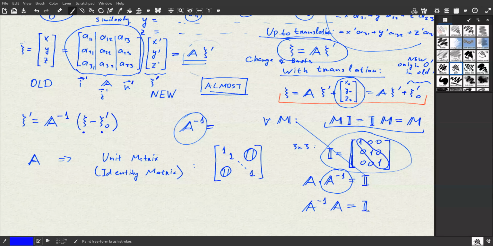A to the power minus 1 times A equals I as well. So again, you have commutative multiplication. By the way, how do we prove this? Suppose that A times A to the minus 1 is identity.